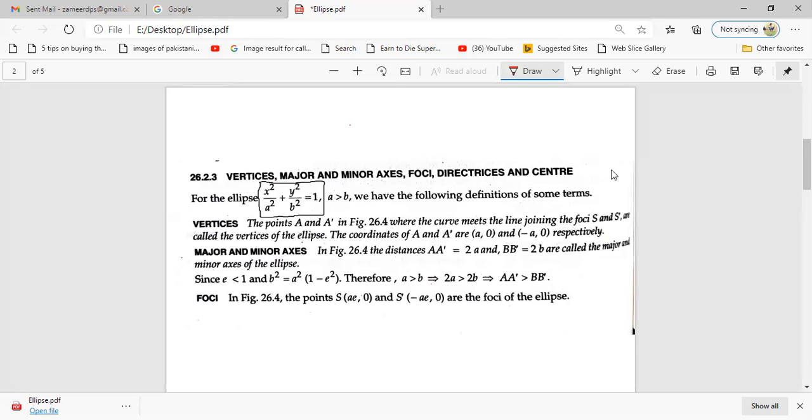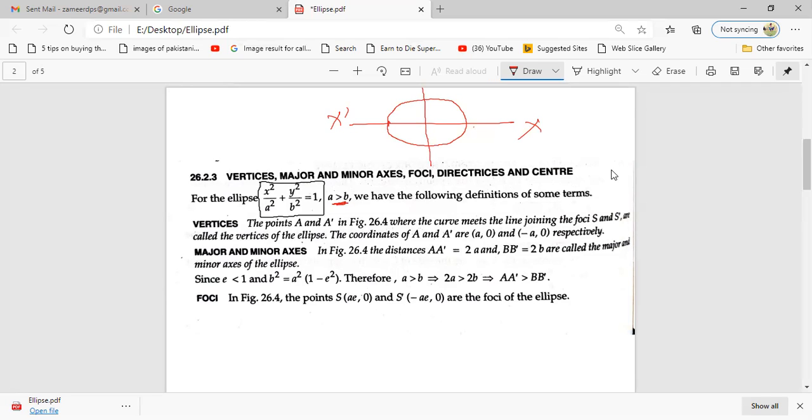A is greater than B, because the major axis is along the x axis. This is a horizontal ellipse, we will see vertical also, and it is on the x axis, x dash.